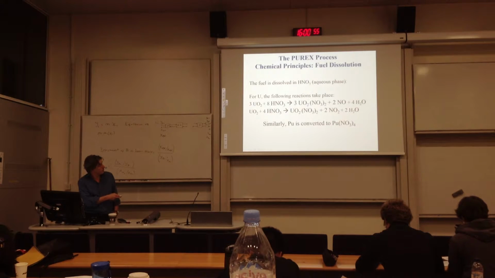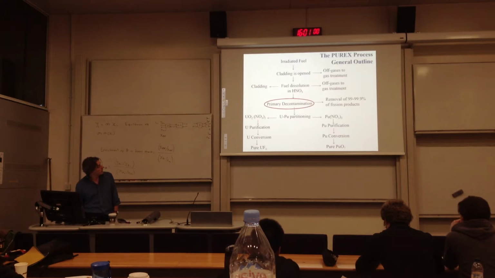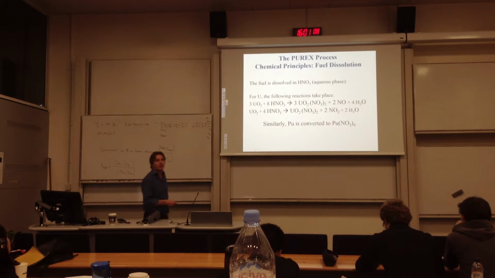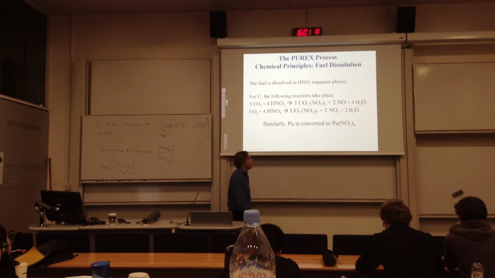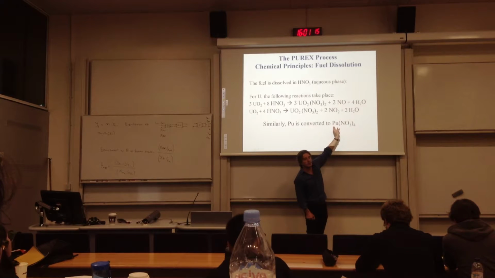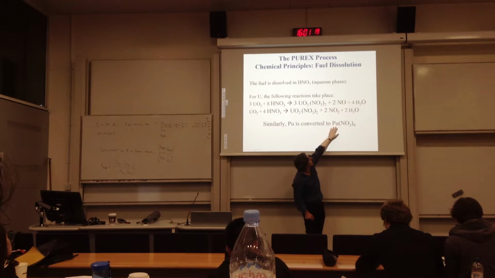separation. Plutonium is again converted to plutonium nitrate. And note here, because this will be important later in our discussion, what is the oxidation state here? This may be a very chemistry-like question, but you may remember it from a chemistry course or A levels or something of that sort.